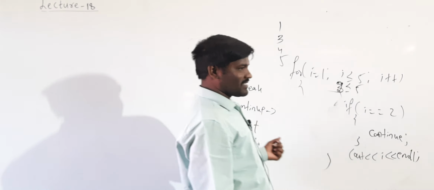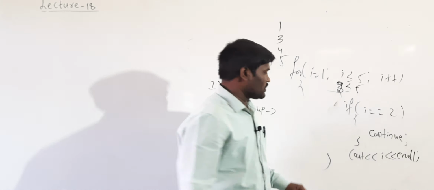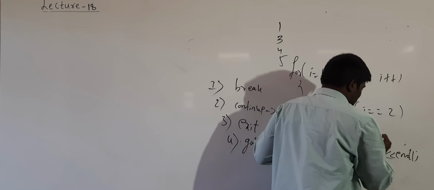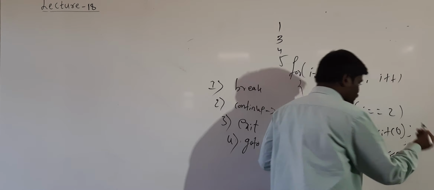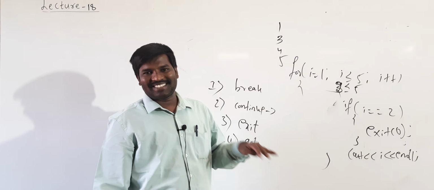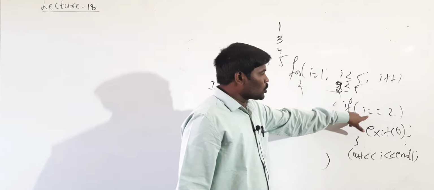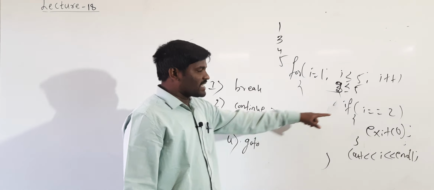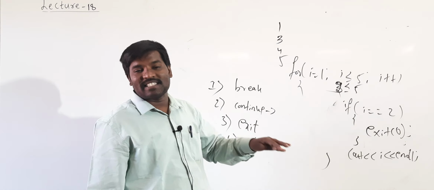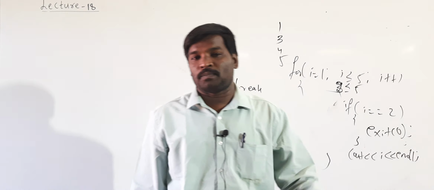Exit. I already discussed it in the prime number program. Instead of writing continue, I have to mention exit of 0. 0 indicates end. When the i value becomes 2, 2 is equal to 2, exit of 0 means the entire program will stop.